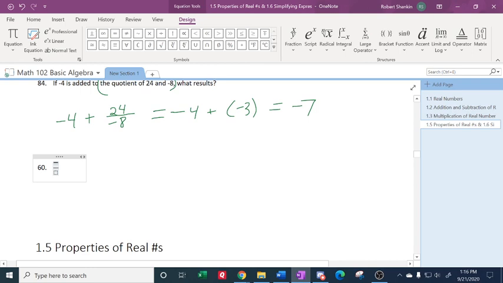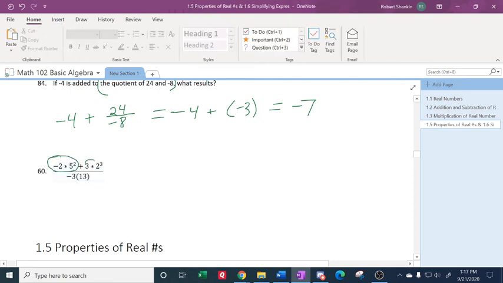Let me type that in. All right, so I'm going to look in the numerator, and I see in the top there are 2 terms.